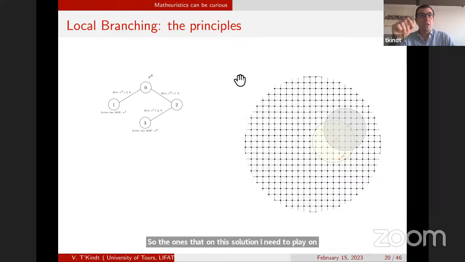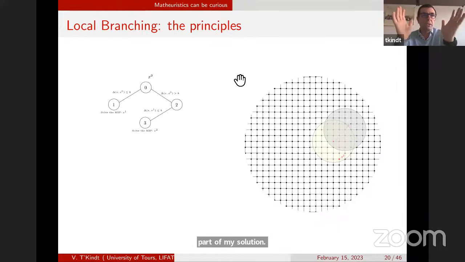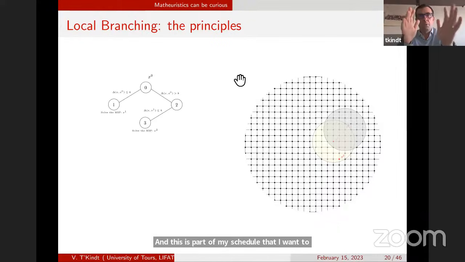So if you can put knowledge from the problem there, I think you get something very interesting. And for scheduling problems, it's easy. It's like, I can look at a part of my solution, a part of my schedule that I want to re-optimize because that's a critical part, because I have some bottleneck machine at this point or whatever. You can have any reasoning that you want to try to identify variables on which you do intensification or even diversification.